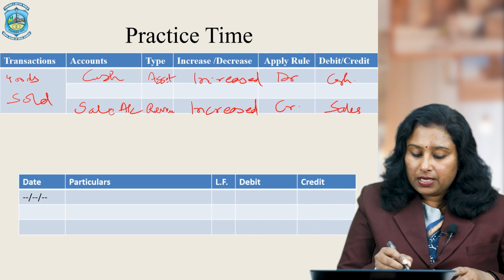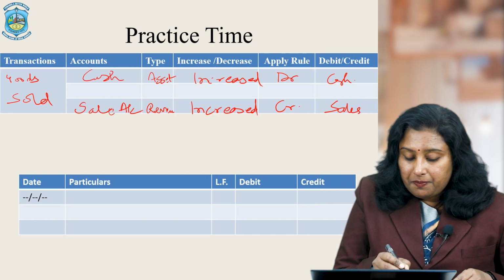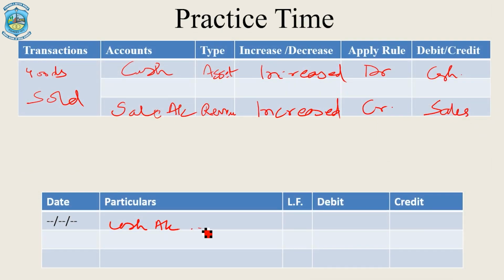So, let us write the journal entry. First, if the dates are given, we will write the date. Otherwise, we will simply write cash account debited to sales account. And if the amounts are given to you, then record the debit amount in the debit side and the credit amount in the credit side.